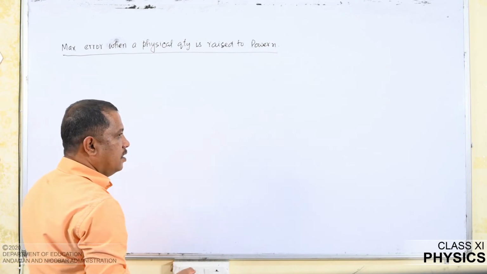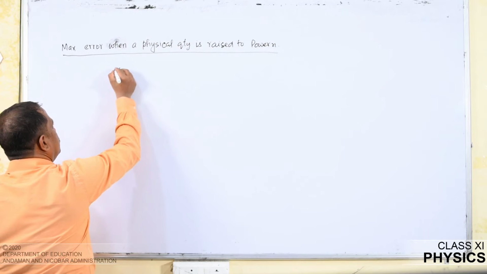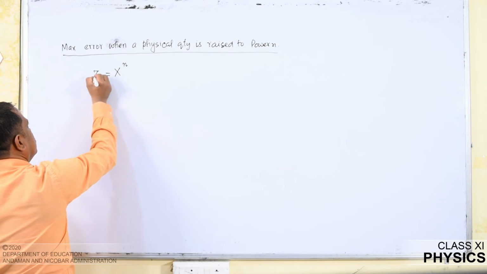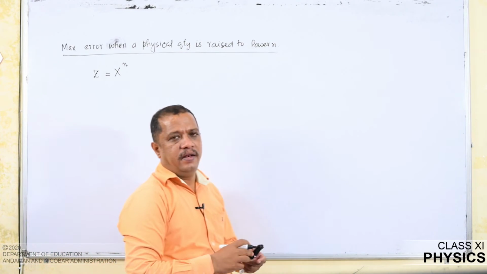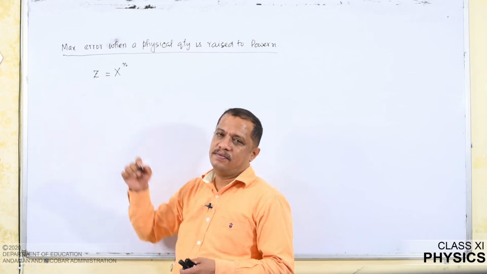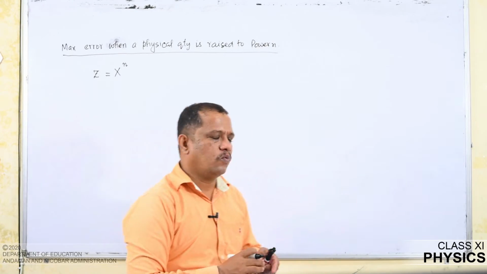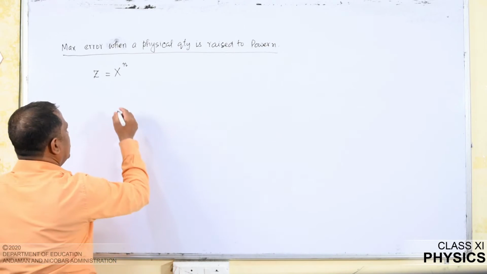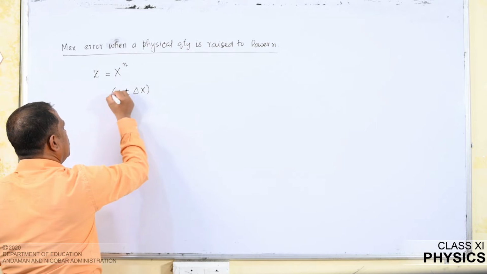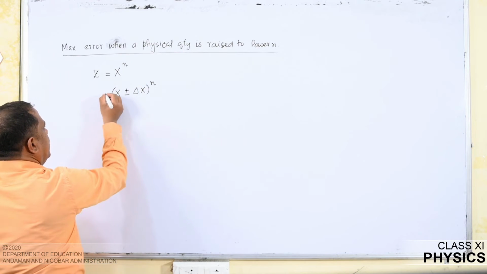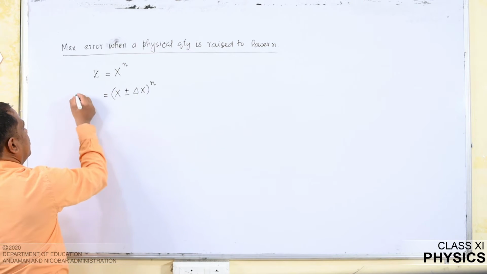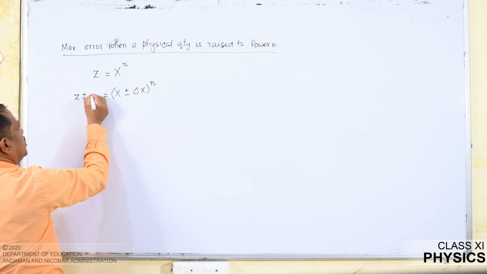Let us try to see. Let me say that the true physical quantity is x and it is raised to power n, and on raising the true physical quantity to power n, I am getting the answer as z. So, this is the true product. However, when I try to measure the physical quantity x, I am going to have the value (x plus or minus delta x) to the power n, and on raising this observed physical quantity to power n, I am going to have z plus or minus delta z.